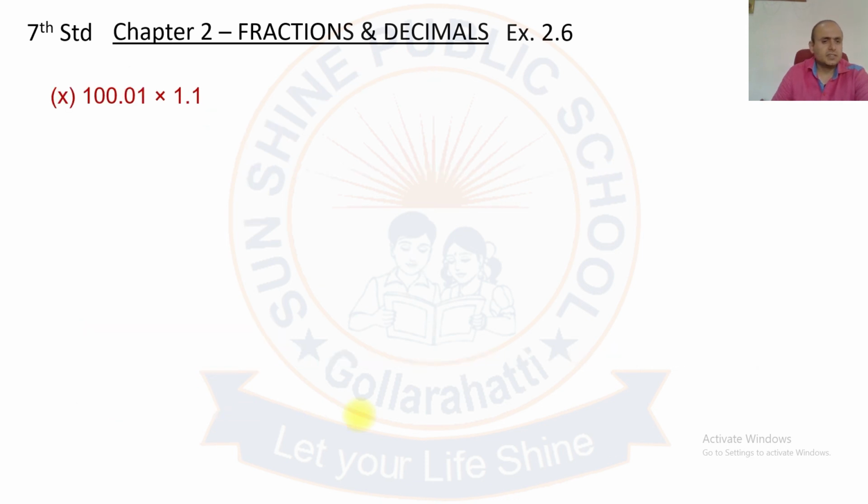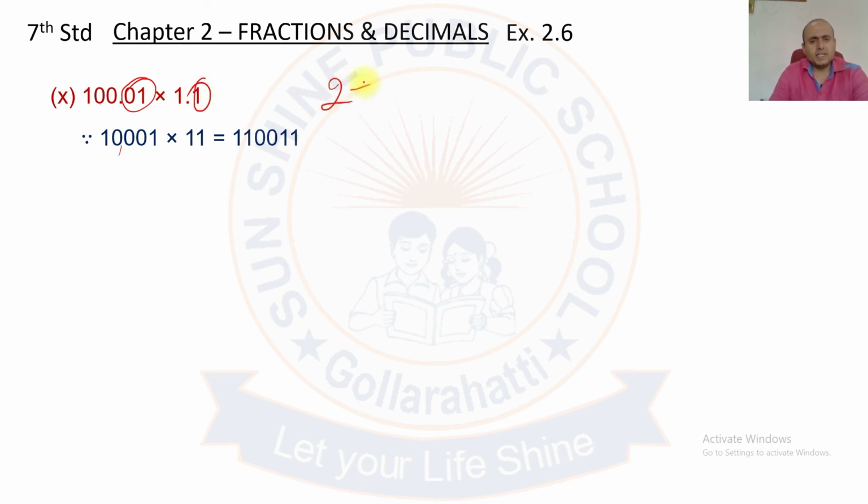The next question is 100.01 into 1.1. So when we multiply 10001 into 11, we get 110011. Here in the question, we got a decimal point before 2 digits, and on this side we got a decimal point before 1 digit. Total we got 2 plus 1, that is 3, so we have to place the decimal point before 3 digits, that is 1, 2 and 3.